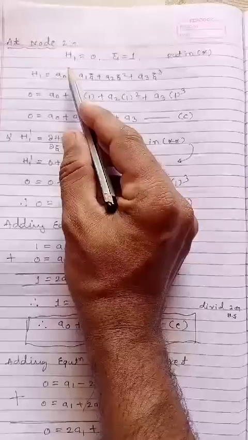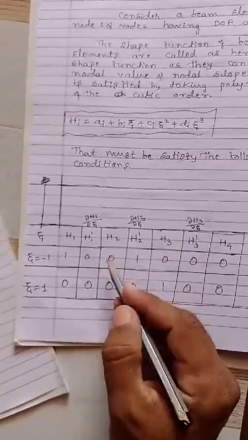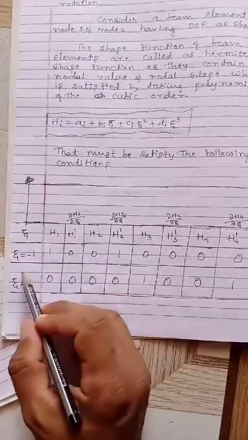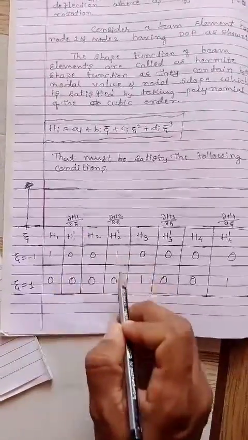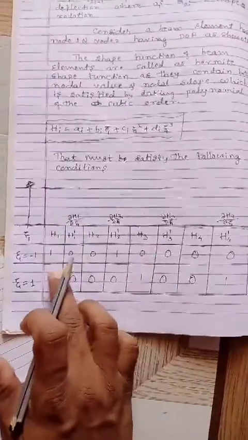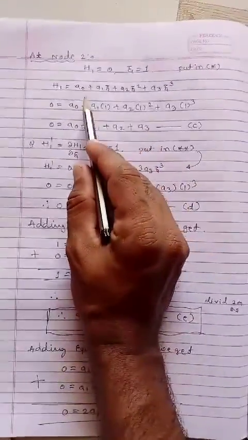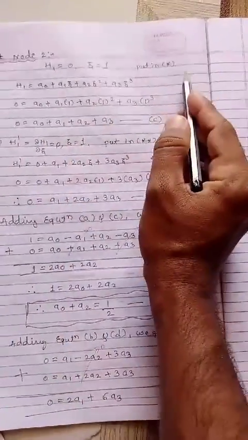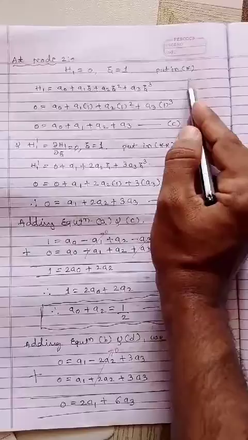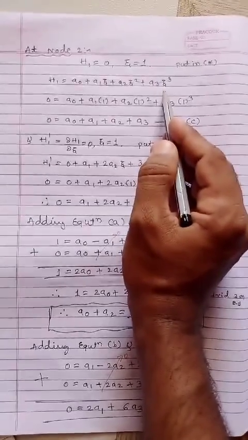Now similarly at node 2, again I will go to the table. The table value at node 2: the value of zeta is 1, h1 is 0, h1 dash is 0. Put it in whatever polynomial equation you take, which I have called star: h1 equals a0 plus a1 zeta plus a2 zeta square plus a3 zeta cube.